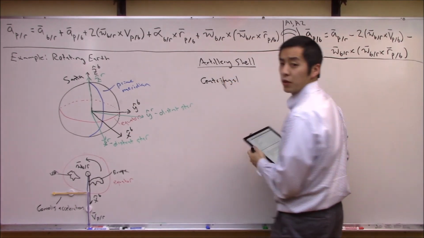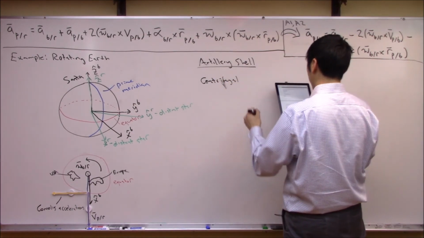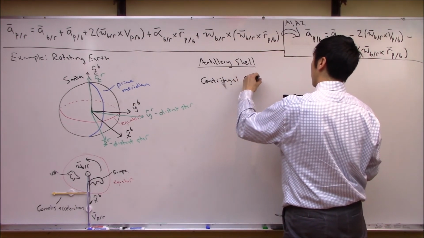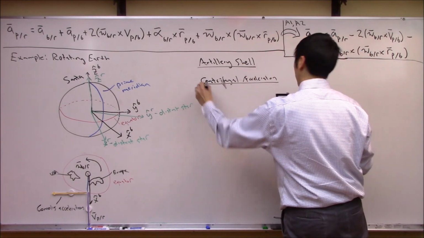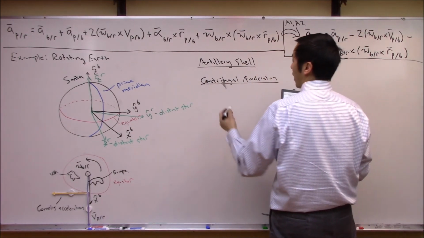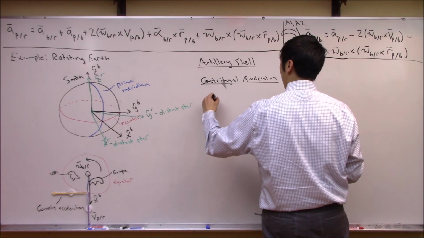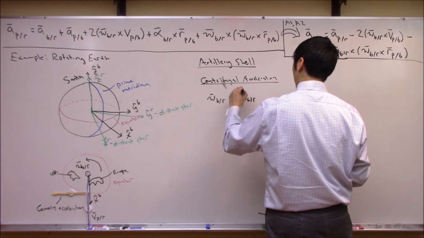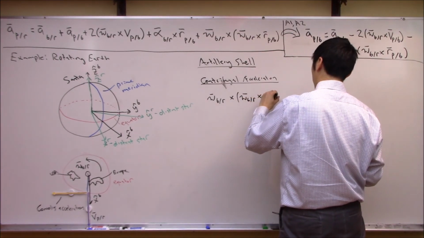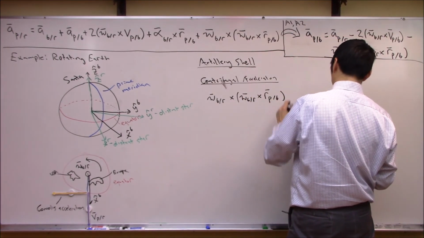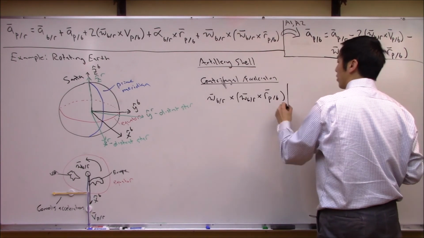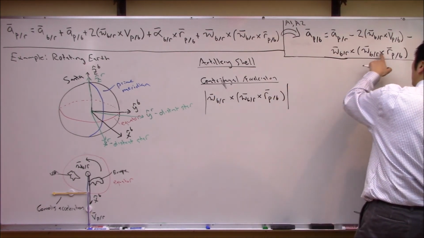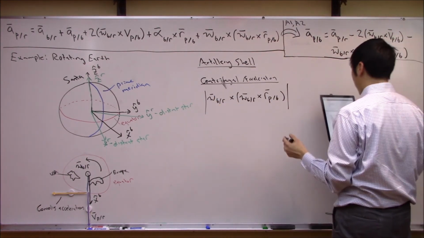Okay, so for centrifugal acceleration, now we've got to have this term: omega B with respect to R crossed with omega B with respect to R crossed with rP with respect to B, right? And again, let's look at just the magnitude. Let's forget about the sign for now and just look at the magnitude.